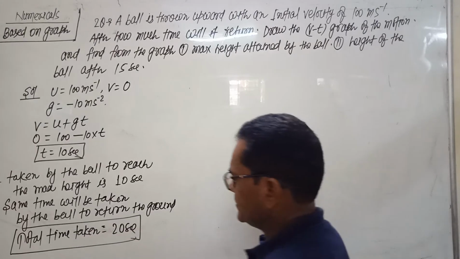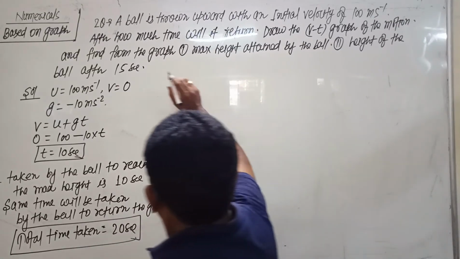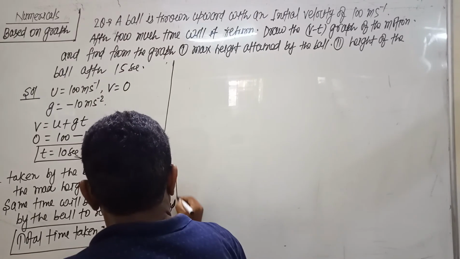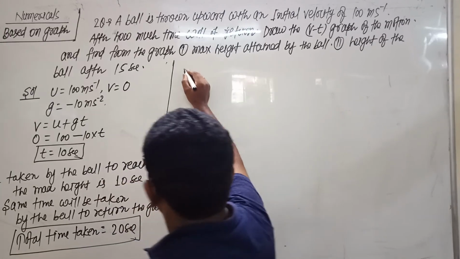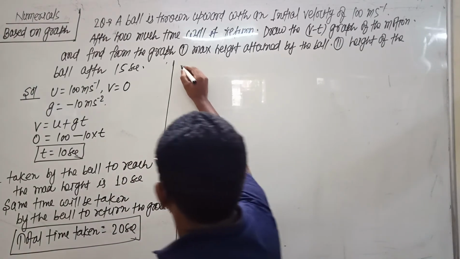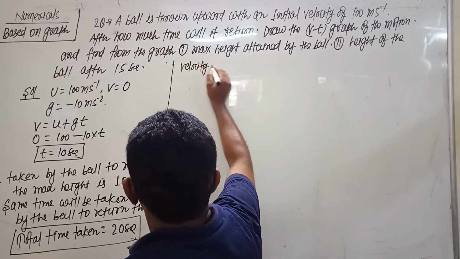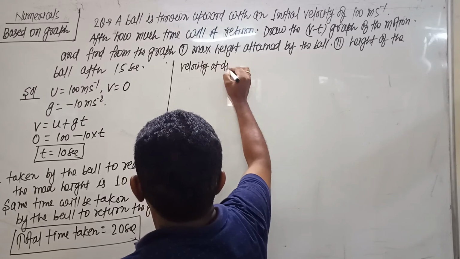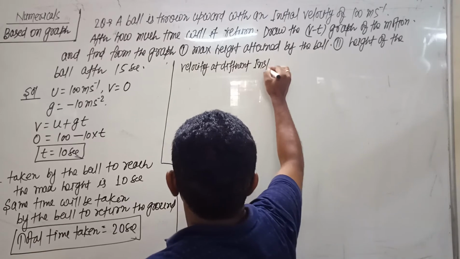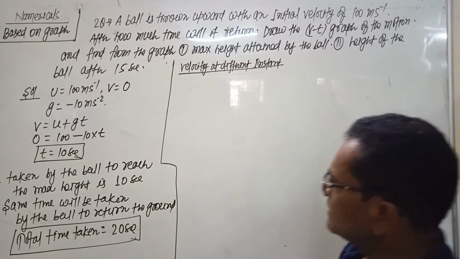Now we will draw the graph. Before drawing the graph we would like to find the velocity at different instants, at various times.